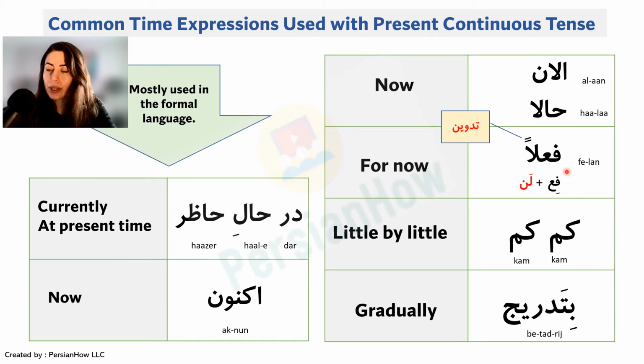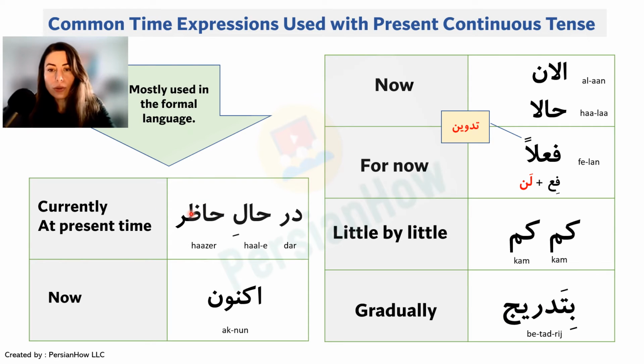So fa'lan. You can see there's no alef here. So get rid of the alef, put a short a on the letter before the alef, and then add a nun: fa'lan. And then this one, little by little, kam kam, or gradually, be tadrij.